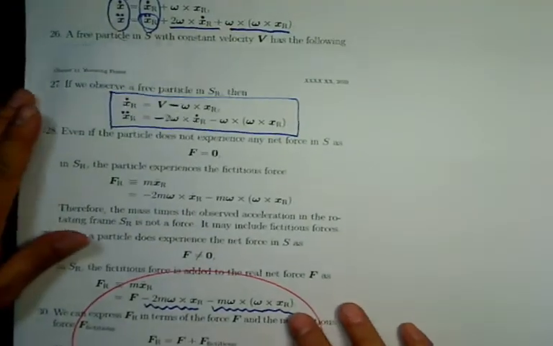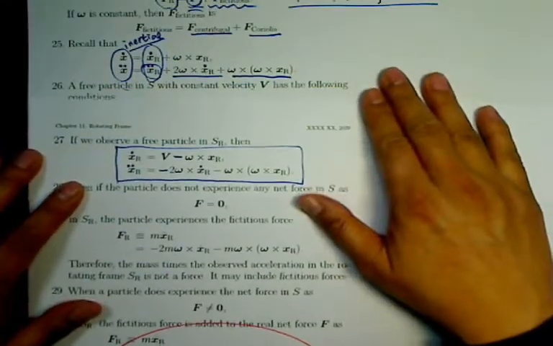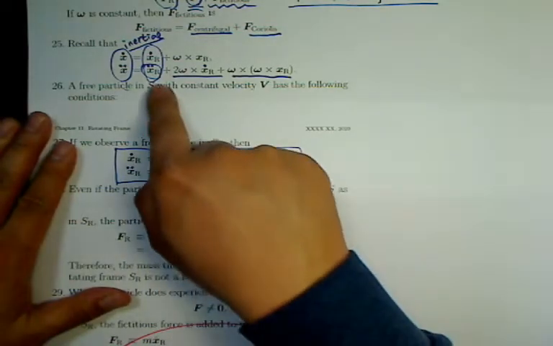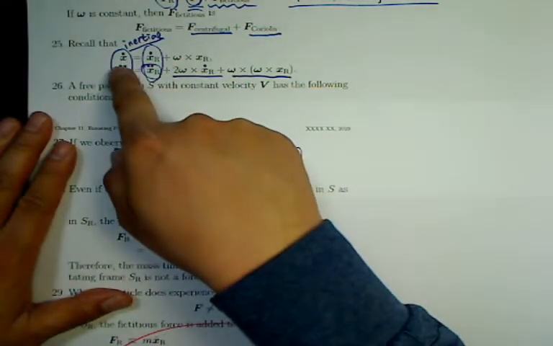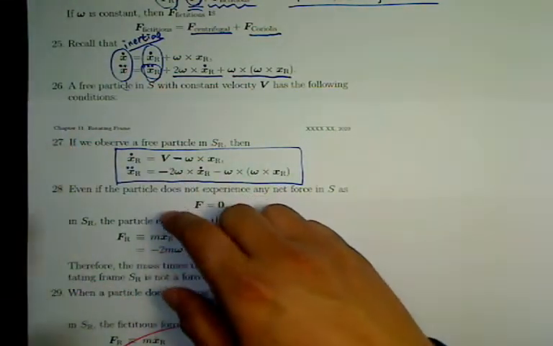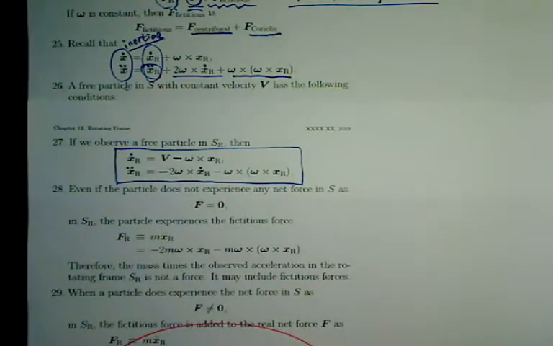So if I move this one to the left-hand side, this is the reference point, the origin of the rotating frame, that has the dependence.